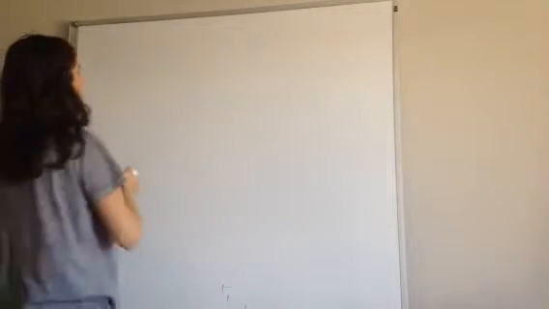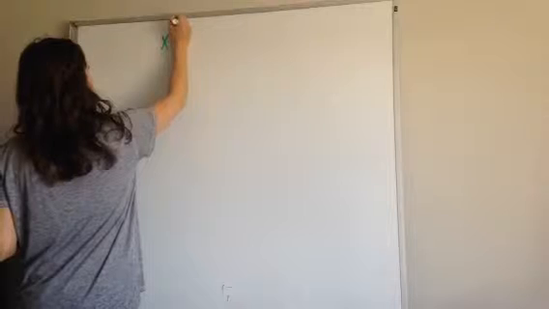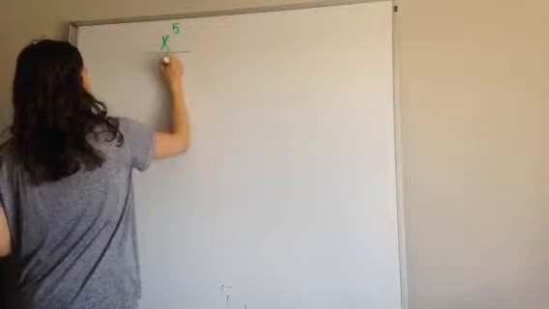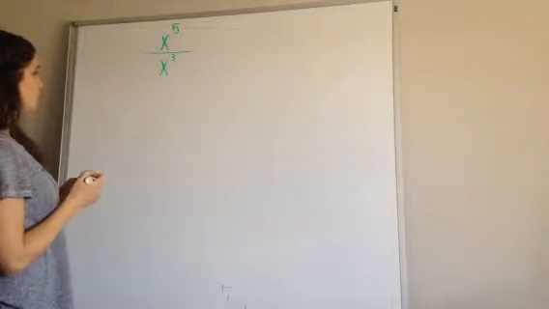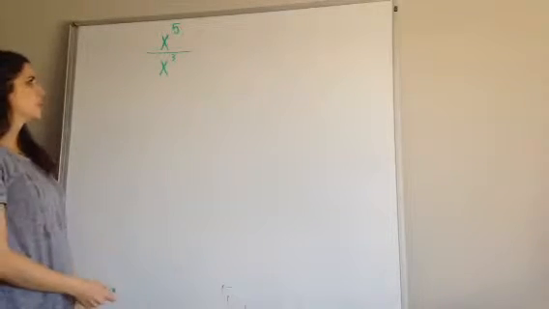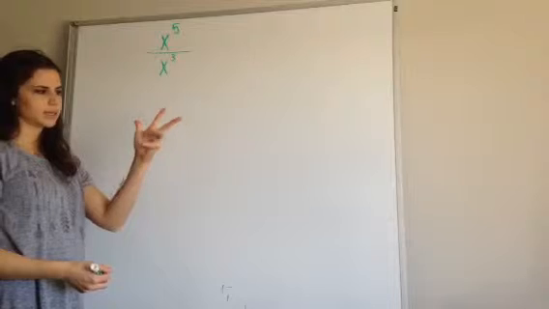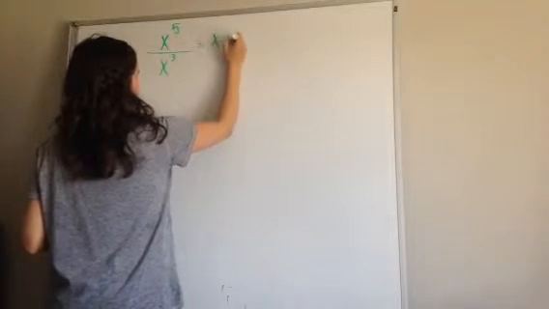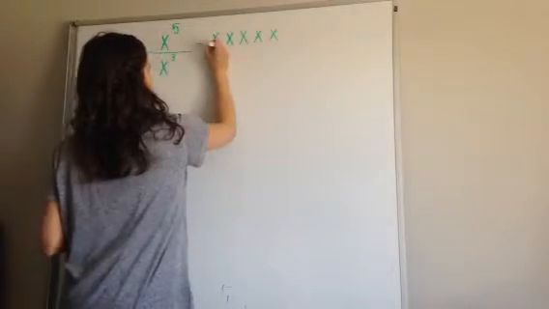Okay, so if I have x to the 5th over x to the 3rd. Okay, so for x to the 5th over x to the 3rd, once again I'm just going to write out x to the 5th as x times x times x times x times x. 1, 2, 3, 4, 5.